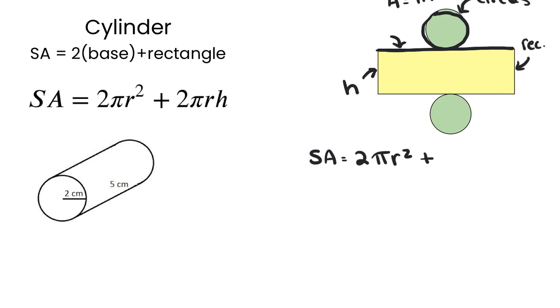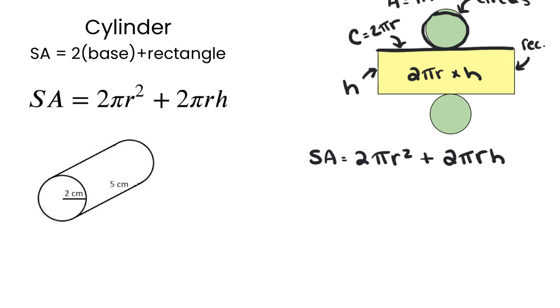To find the circumference of a circle, we use 2 pi r. Now, to find the area of the rectangle, it's just 2 pi r times height. So in our formula, we're going to write that as 2 pi RH. And remember, when all of the variables and numbers are together, that just means that we're multiplying them all.